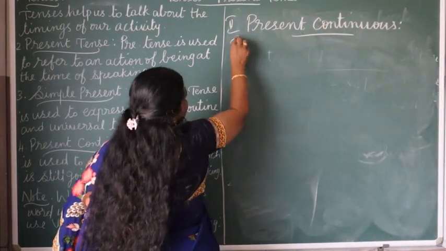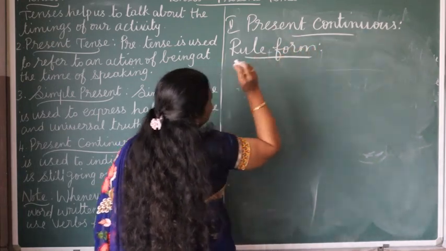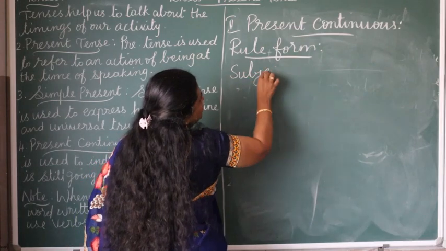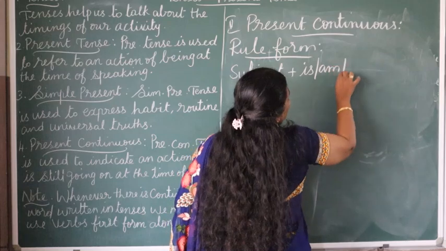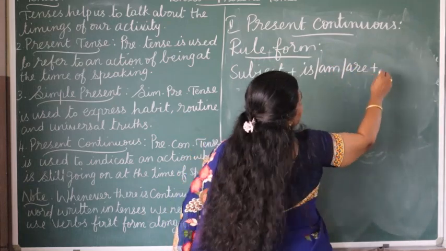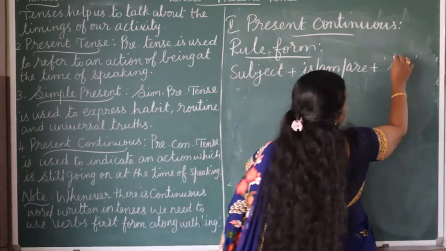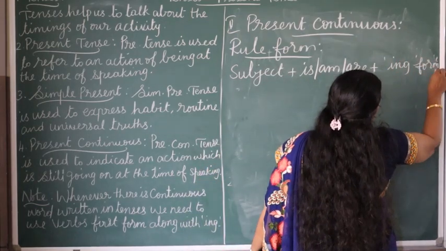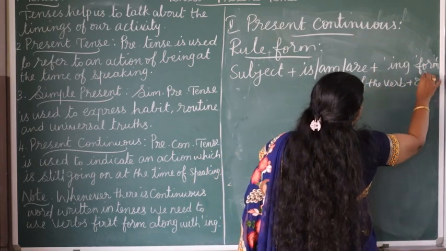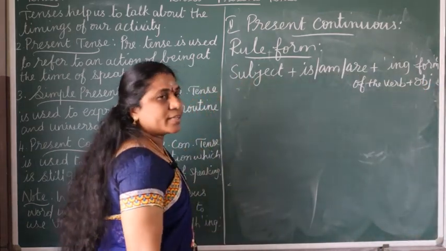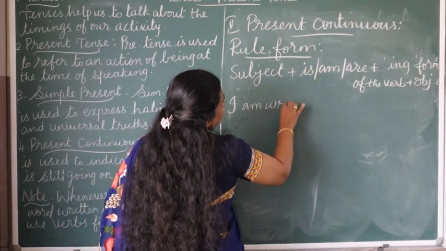Here the rule form: subject plus is, am, are plus ing form of the verb, that is present participle, ing form of the verb plus object. So here are some examples. I am writing a letter.